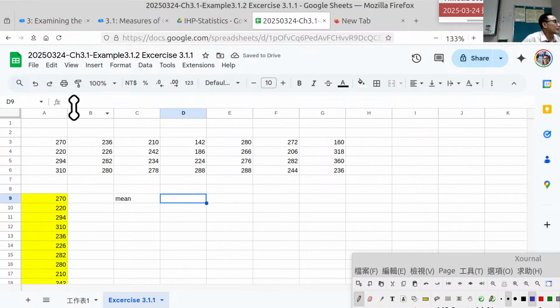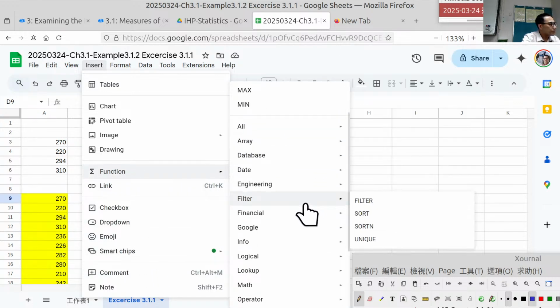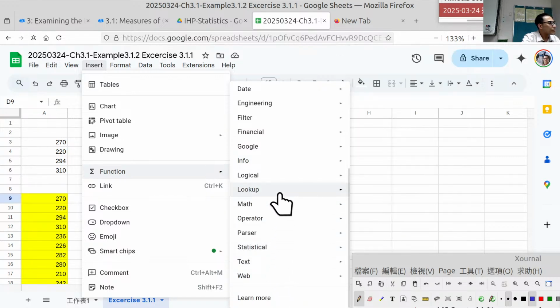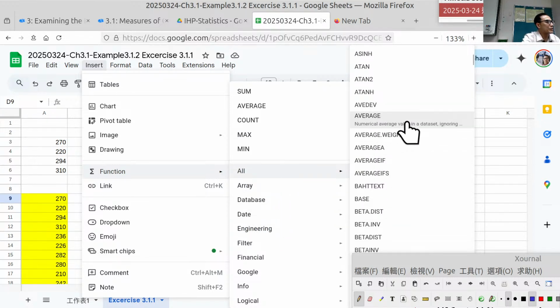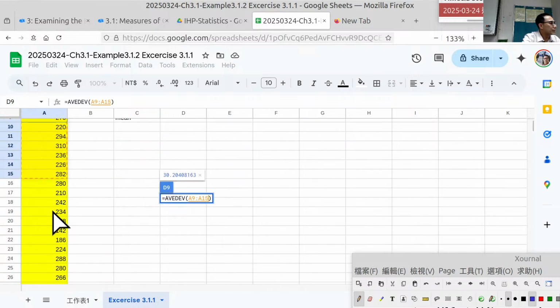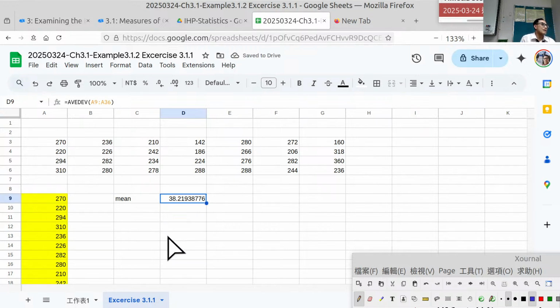First way, here equals, select insert function, average, and from here to here, and click enter. The average of this one is 38.2.